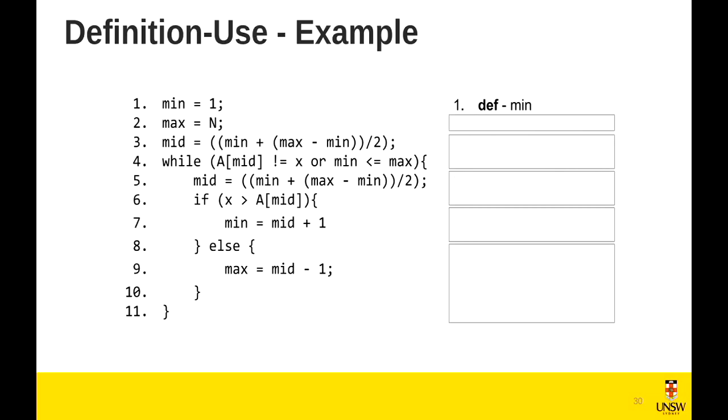So let's have a look at an example here for definition and use. In the first line, we have the definition of min. What happens in the second line is quite straightforward: the definition of max and the use of n, because we are assigning the value of n to max.